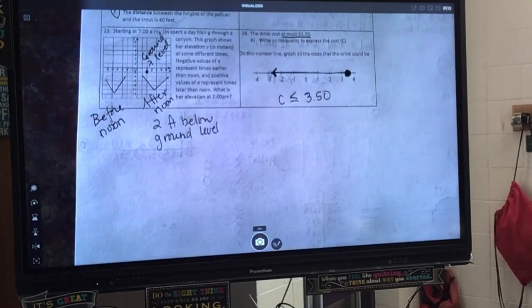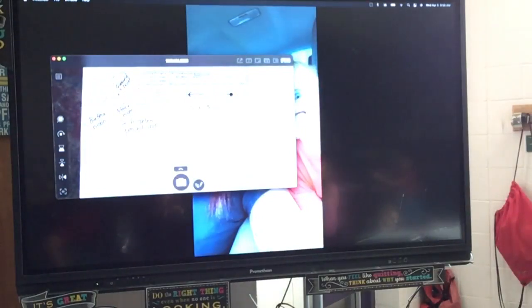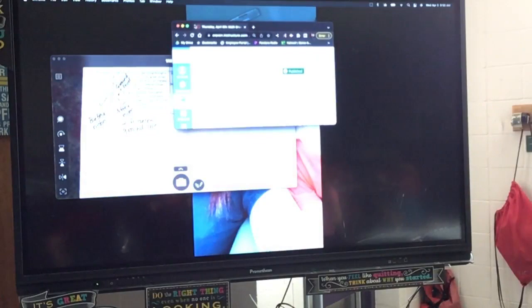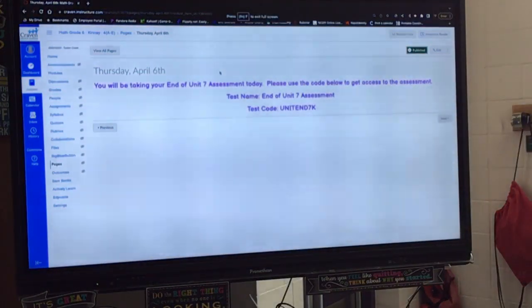So let's go ahead and get started on the test. I went ahead and published the code. I'm going to also put it over here so you don't have to waste time on Canvas. So just get on SchoolNet. I'm going to come around with the paper.